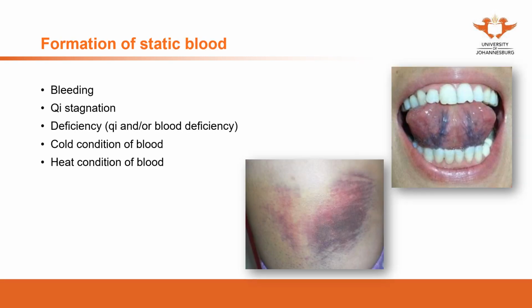And then what's the formation of static blood? The first is bleeding. As you can see from the first picture, the bruise on the skin, the darker color, that's bleeding under the skin. These we call static blood.